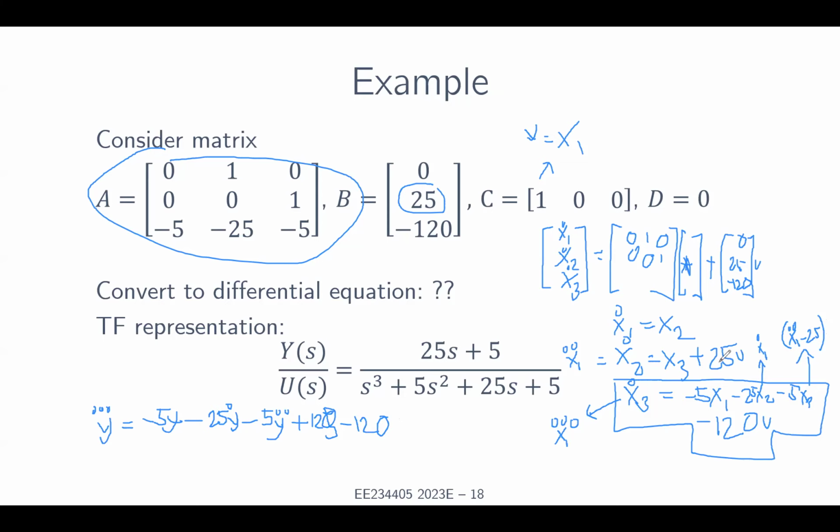So x3 is x1 double dot minus 25 u. Sorry about u, I missed that. It shouldn't change the derivative, because you differentiate with respect to time, so x1 double dot would be x1 triple dot, and there is no x term here, so it would just go to 0.